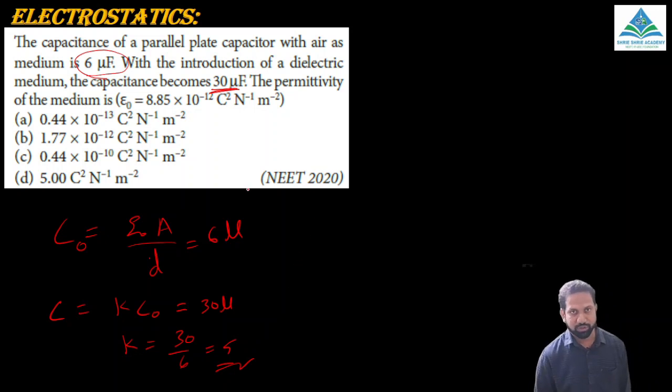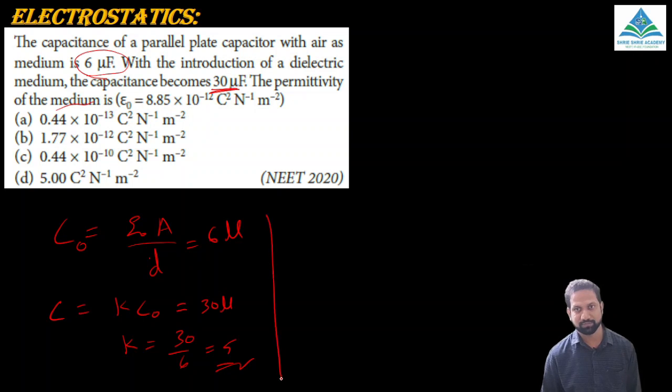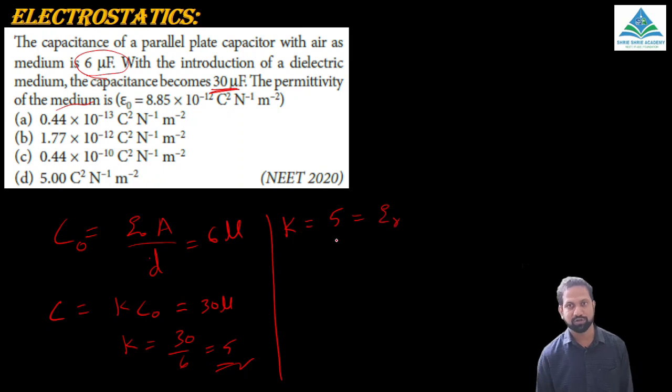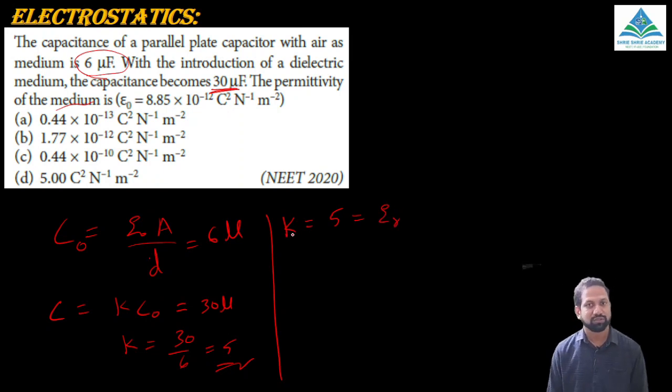Right? The permittivity of the medium is how much? They are asking for permittivity, that is epsilon. K is 5. Remember, K equals epsilon R, the relative permittivity, and the dielectric constant are numerically equal. But epsilon R is epsilon by epsilon naught, so this is 5.